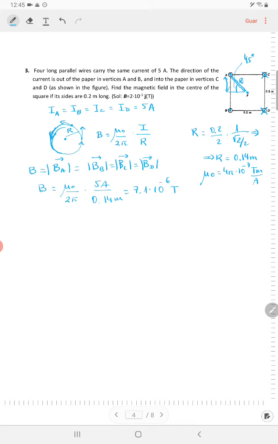Okay, so now we just have to discuss the directions, because you have to remember that the magnetic field is a vector, so we have to be careful adding up the vectors.